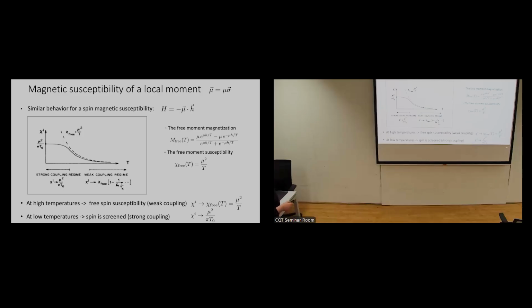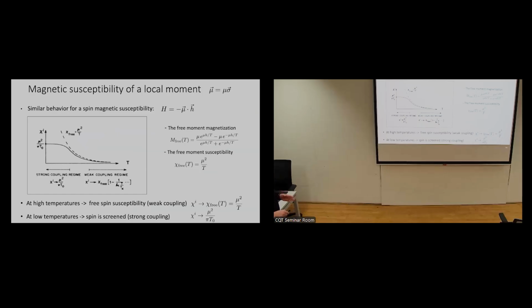So let me show it in the context of a very precisely measured quantity called magnetic susceptibility. I have the localized spin, and I'm asking how the impurity spin responds to a magnetic field. So here is the impurity, here is the magnetic spin.